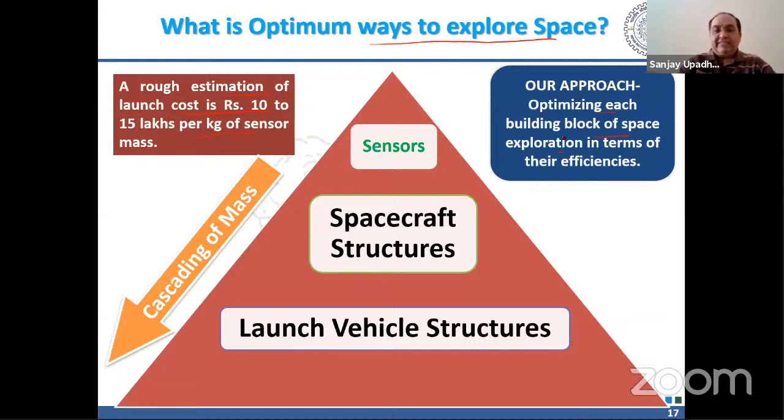In cascading manner, we consider sensors, spacecraft structures, and launch vehicle structures. As a technocrat, we need to think about how to optimize without compromising our objectives, so we can send a large space antenna.